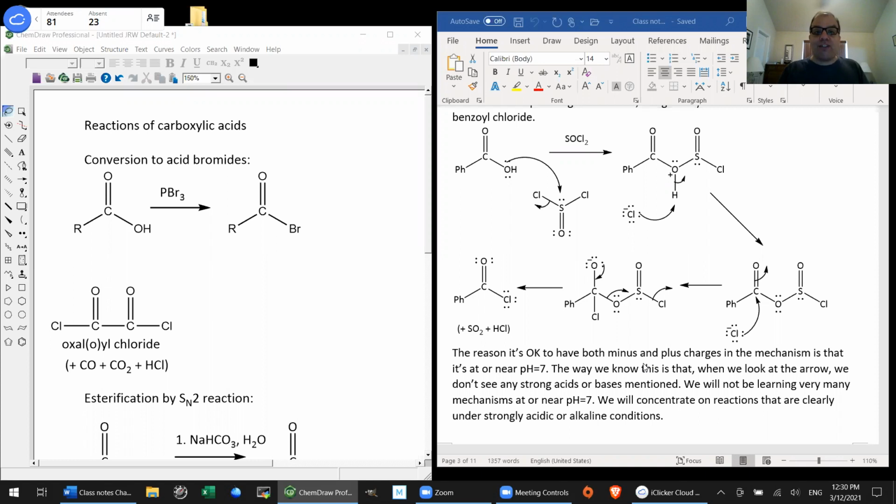Mostly when we do reaction mechanisms, you'll find they will be decidedly an acidic solution or decidedly an alkaline solution. So this is not common, but maybe 2-3 more times, we'll run into reactions that are neither particularly acidic nor particularly alkaline. And you can know based on what you're given. If you don't see anything that's particularly strongly acidic or alkaline, then you can assume that you're right around pH 7. And so we're okay with both pluses and minuses.